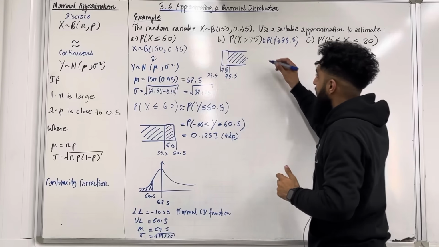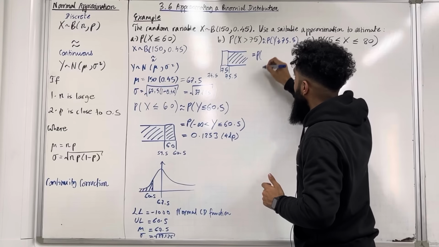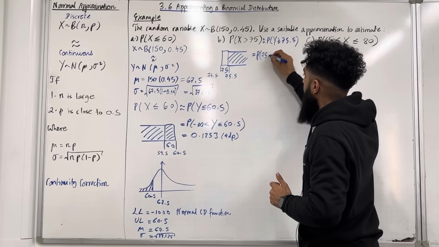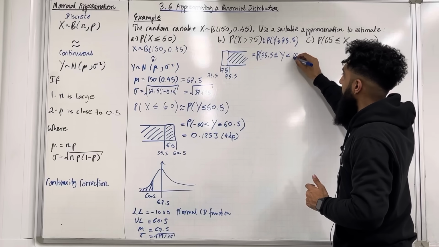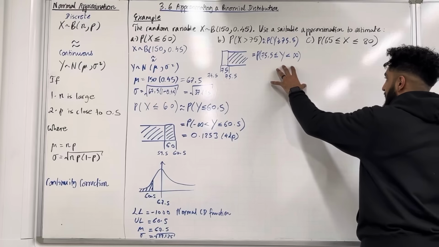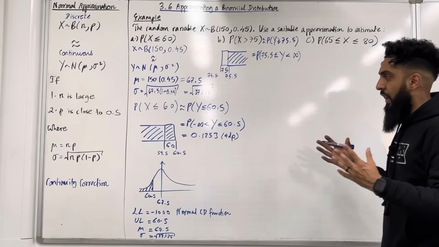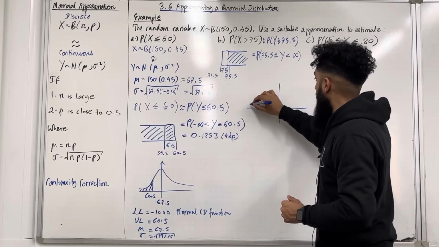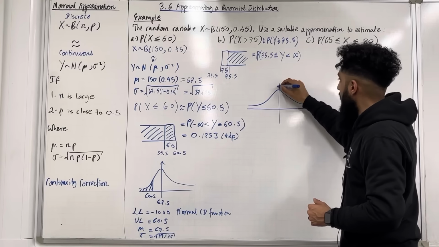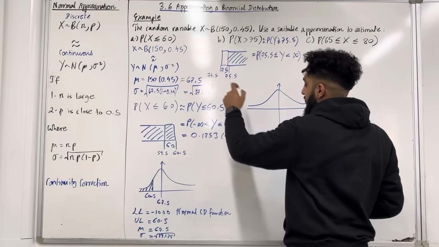Now this probability can be rewritten as the probability that 75.5 is less than or equal to y, which is less than positive infinity. Let's represent this area on a bell-shaped curve. So here is my bell-shaped curve. My bell-shaped curve is centered at the mean of 67.5.